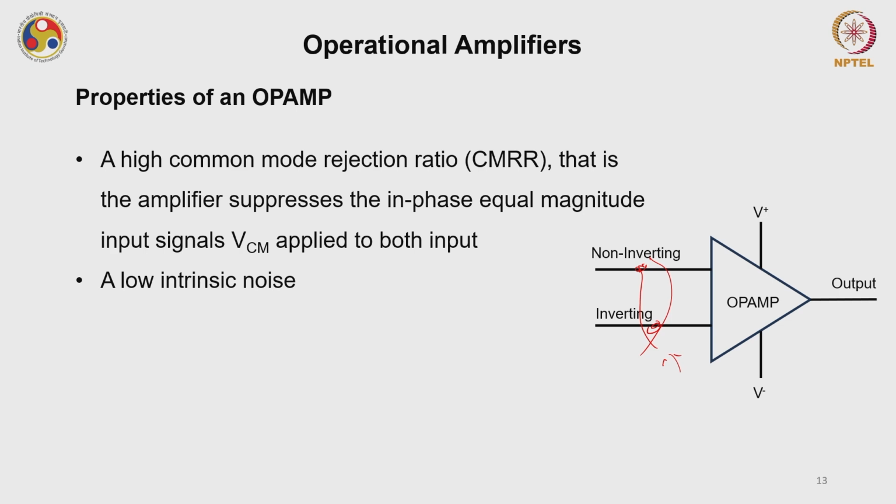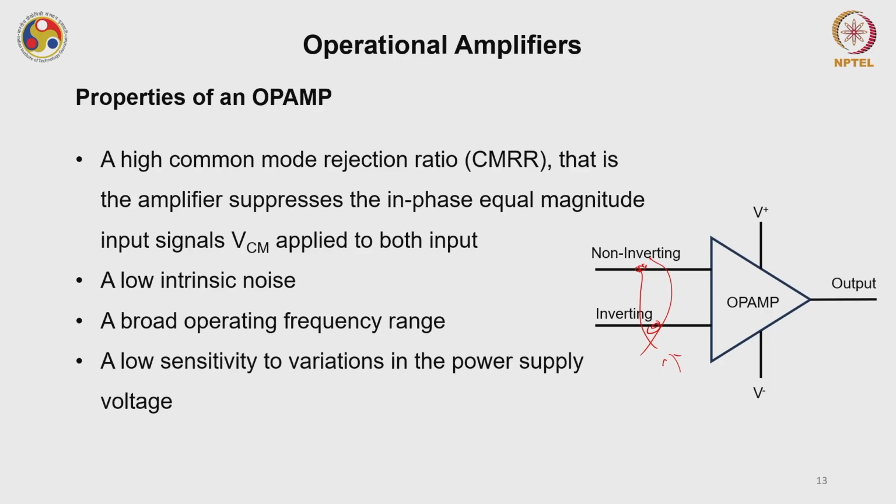Therefore, you can consider that it has overall very low noise. Also, the intrinsic noise in this system is not very high, okay. It is also very low, okay. The good thing about op-amp is that its operating frequency range is quite high, okay. So even if your sensor is operating in a low frequency range, or even at a high frequency range, you can deploy this op-amp for amplification, okay.